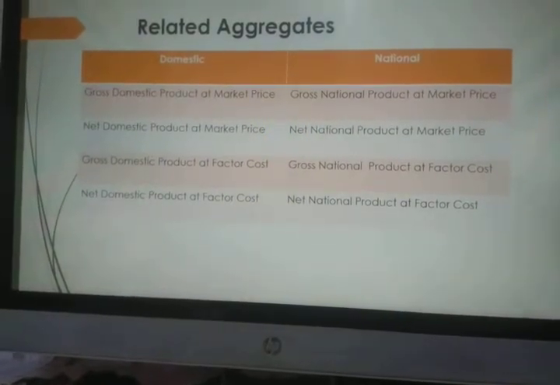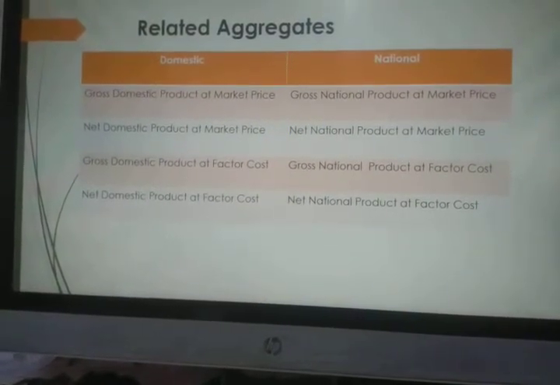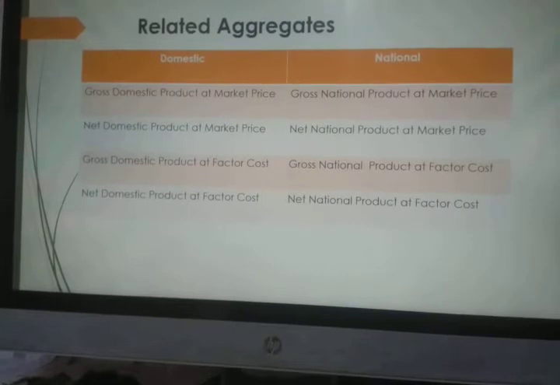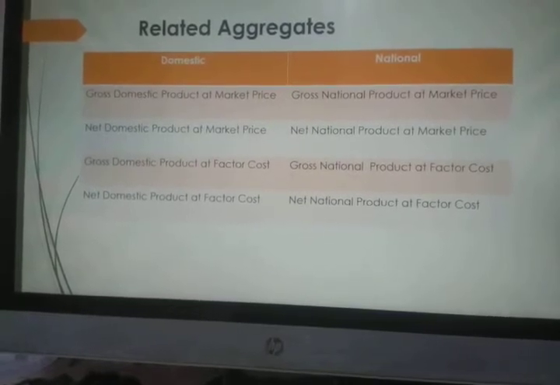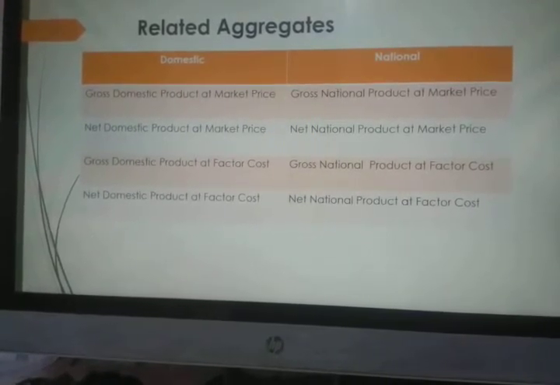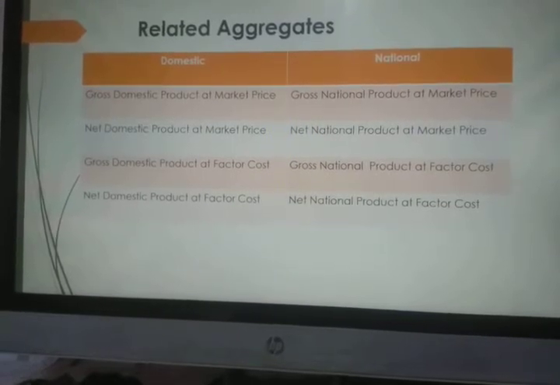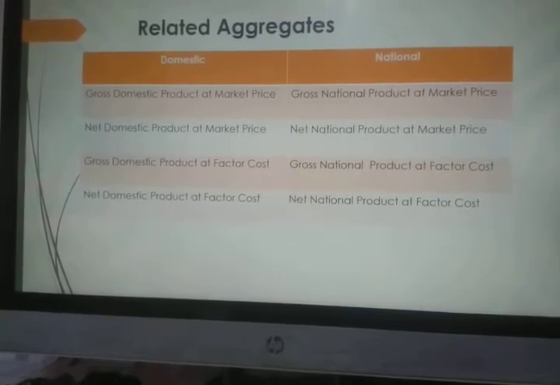These are the related aggregates we are talking about. On the domestic front we have four, and on the national front we have four. So four related aggregates of each.